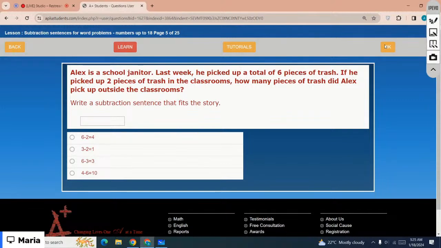Okay, Alex is a school janitor. Last week he picked up a total of 6 pieces of trash. If he picked up two pieces of trash in the classroom, how many pieces of trash did Alex pick up outside the classroom? So which is the correct option?